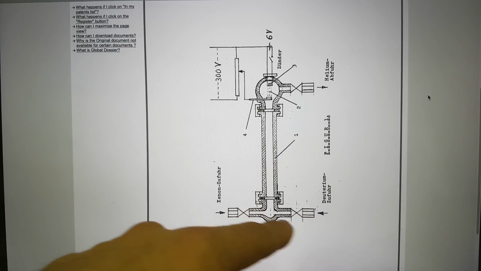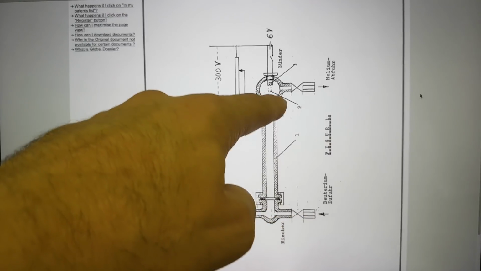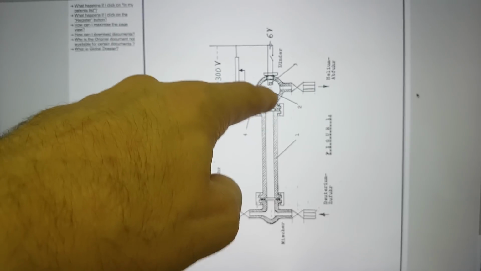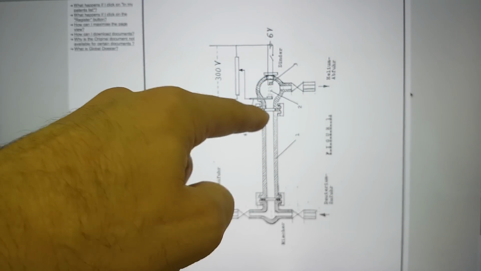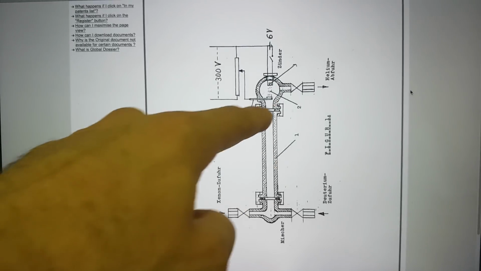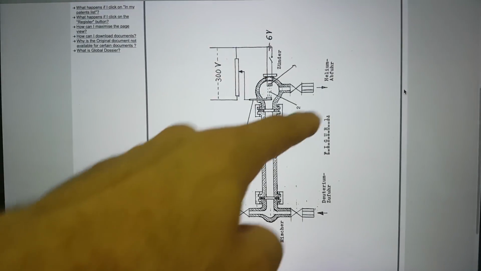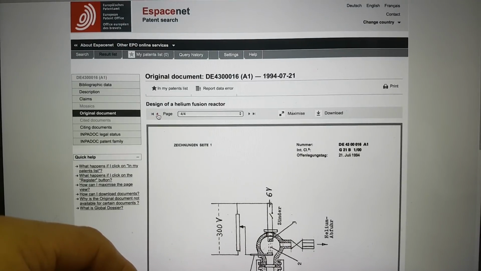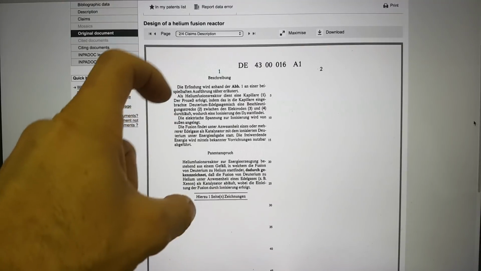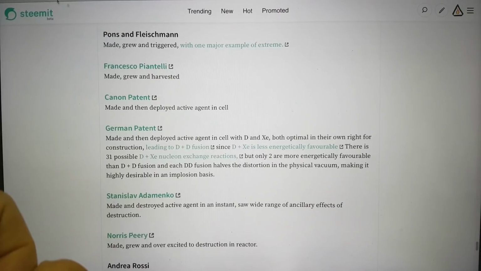Essentially, they're just putting xenon and deuterium in here. You have a thing to produce a sort of a bias, and then you do discharges, and you're getting your excess heat. Helium is coming out here, and its claims are essentially very little. That's it. It's just beautiful. I love this patent.